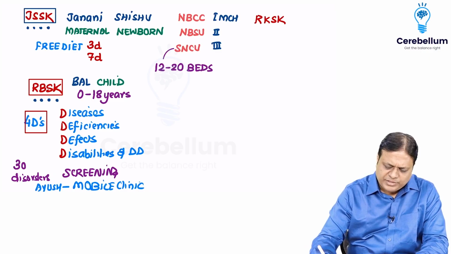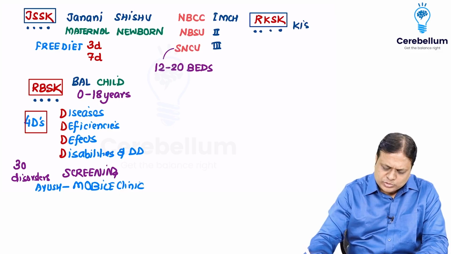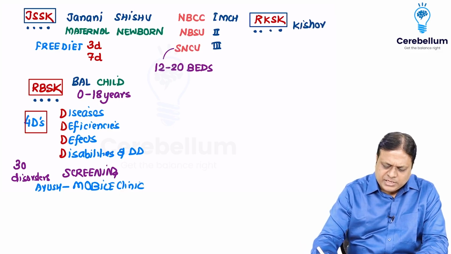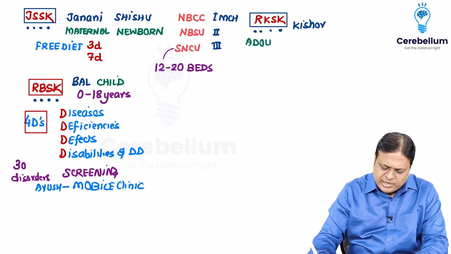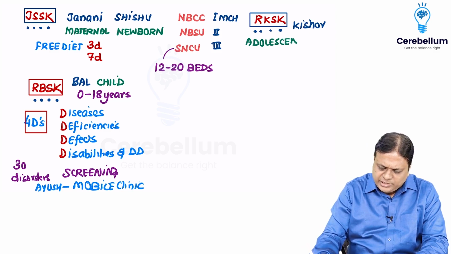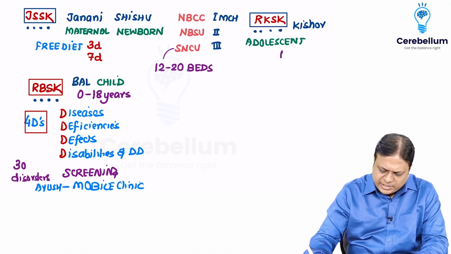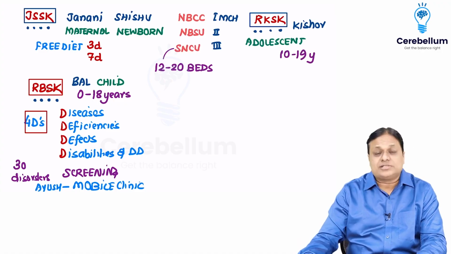RKSK program of India. What is RKSK? This is Rashtriya Kishore Swasthya Karyakram. Kishore means the target beneficiary is, yes, adolescent, and age of adolescent in India is 10 to 19 years.